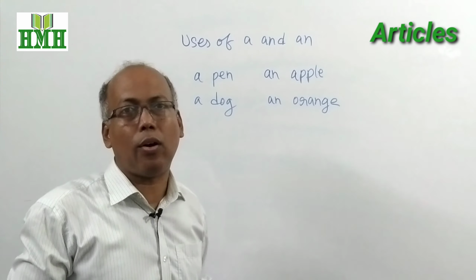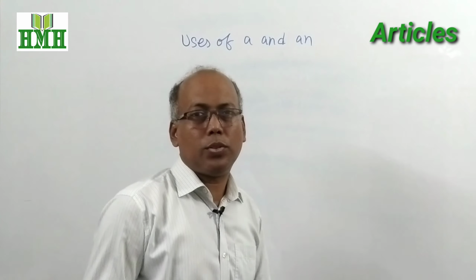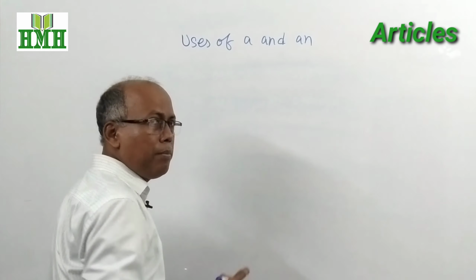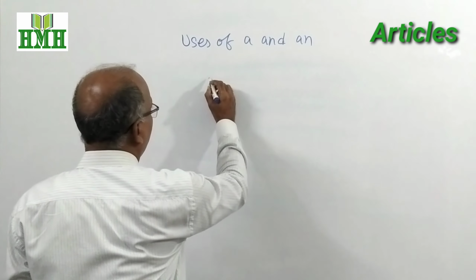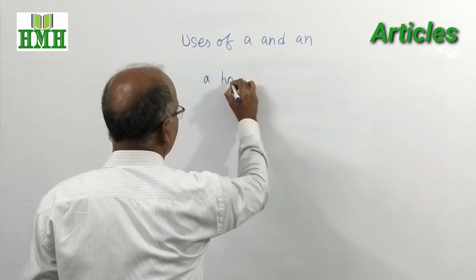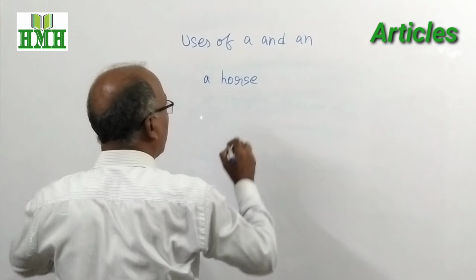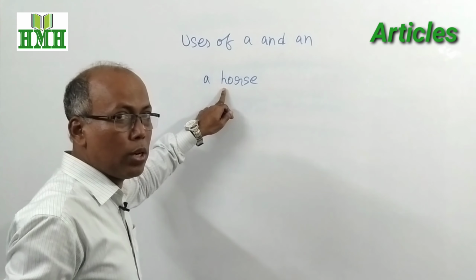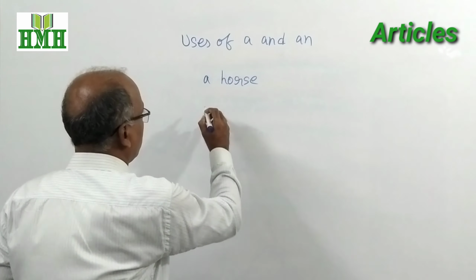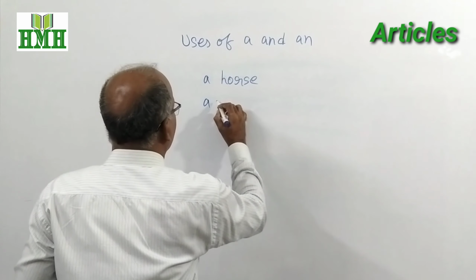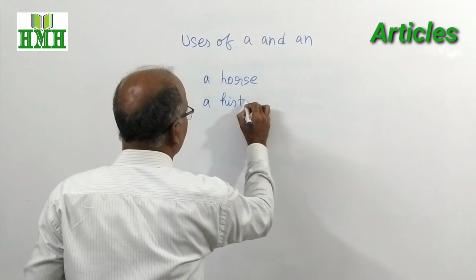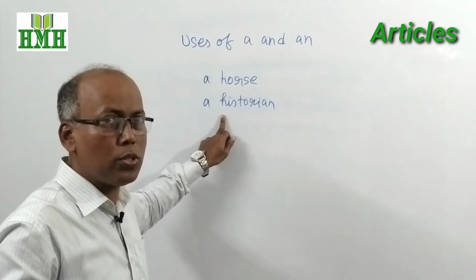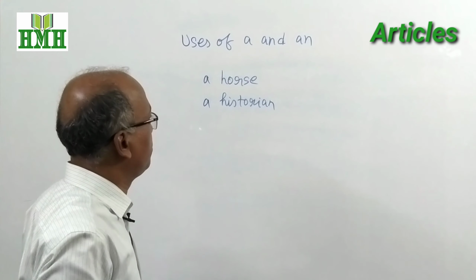An apple, an orange. If H at the beginning of a word is pronounced, then we use a. Suppose a horse. Here H is pronounced, so a horse. A historian. Here also H is pronounced, so a historian.